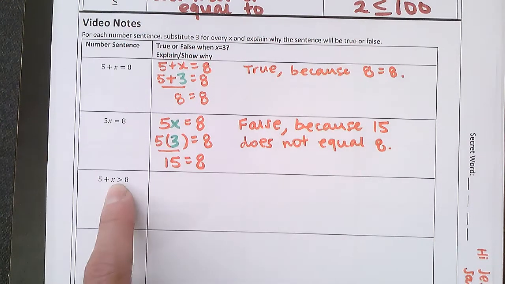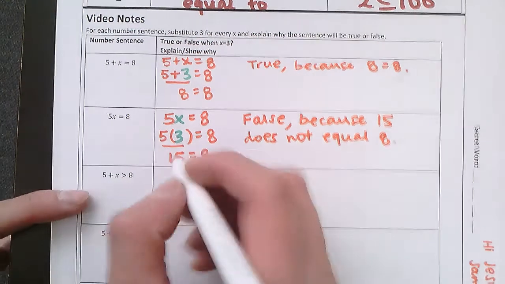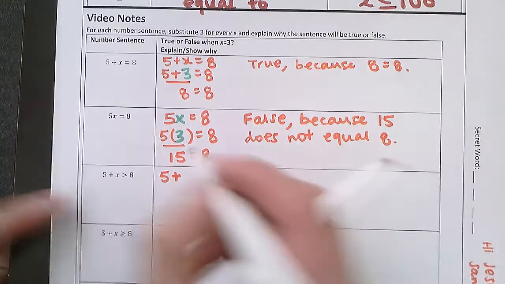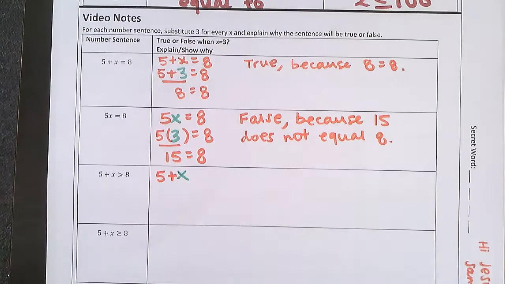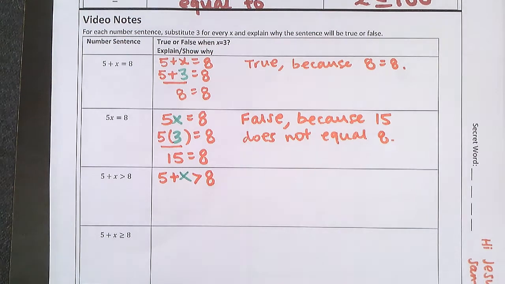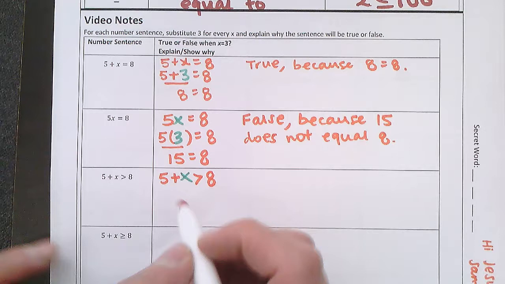5 plus x is greater than 8. Let's write out the situation here. 5 plus x is greater than 8. We'll substitute 3 in for x.